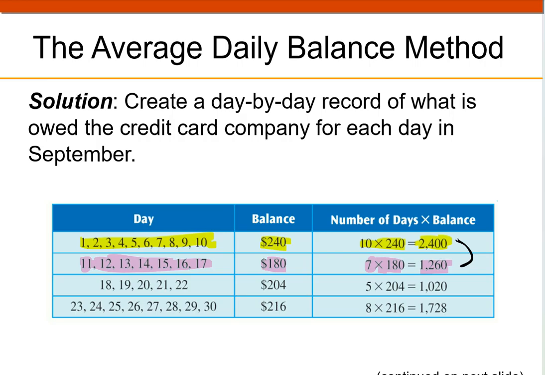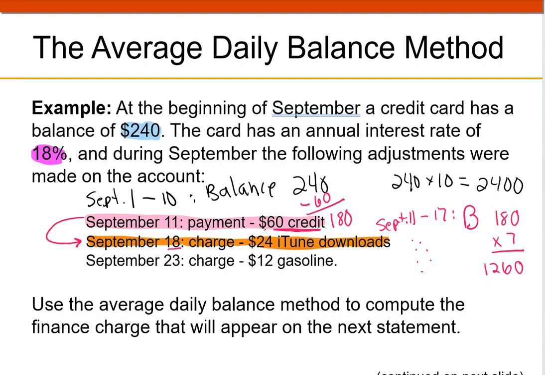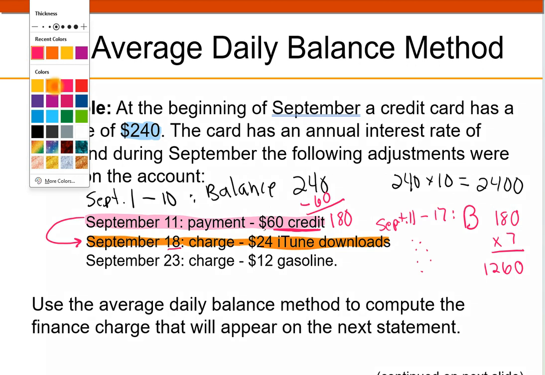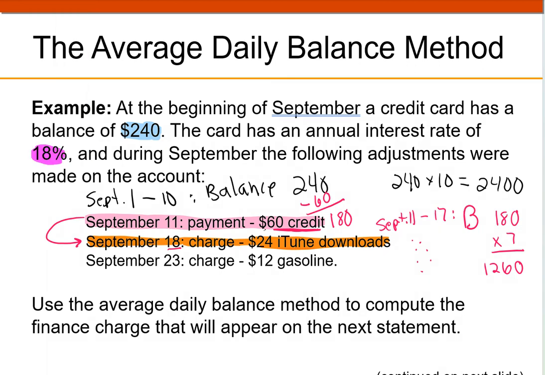Let me go back one page. Let's see. So then orange, on the 18th, we made a charge of $24. Give me orange here. So our balance, which was at 180, we charged 24 bucks.